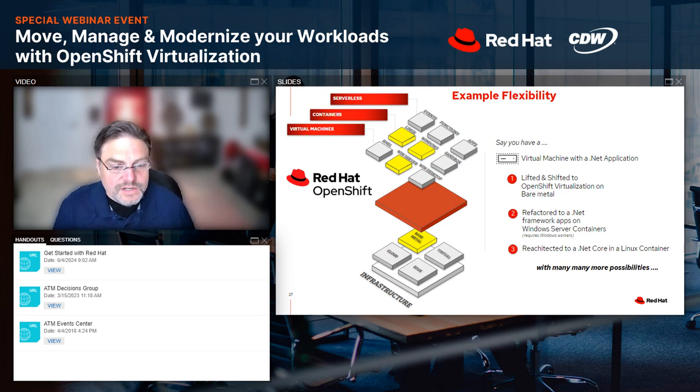So the modernization potential is there within every decision that you make when you're looking to bring virtual machines into the environment. This unlocks a lot of potential within the platform, and the advantage of running things like containers versus full virtual machines is that it allows for much higher densities.